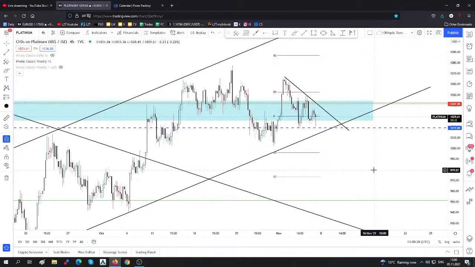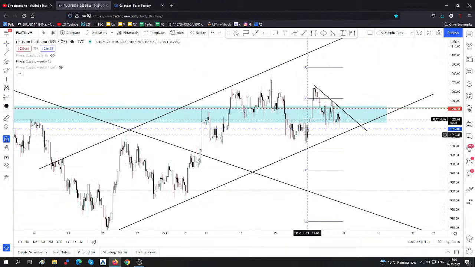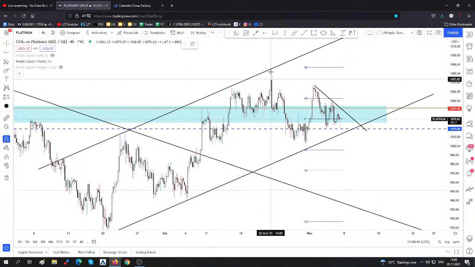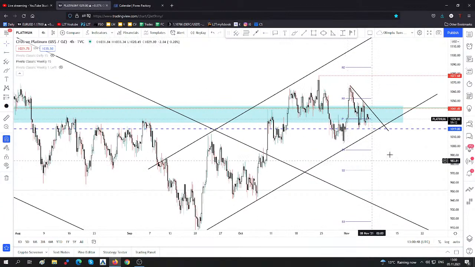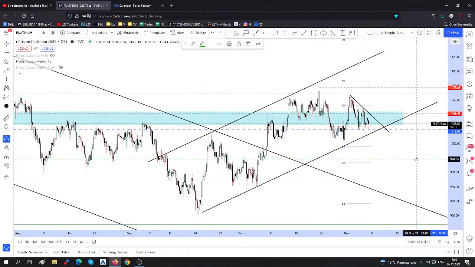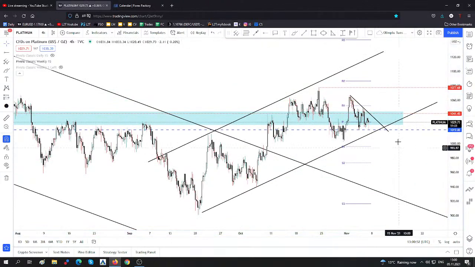Because after this drop, failing to retest the uptrend line, a rally here, but the price failed to retest this former high, signaling some pressure here, and it could still come back to reach the uptrend line.